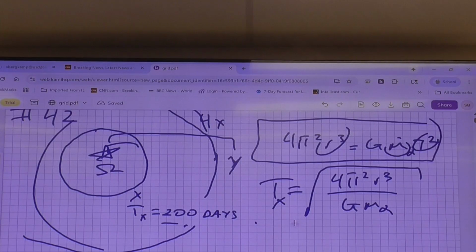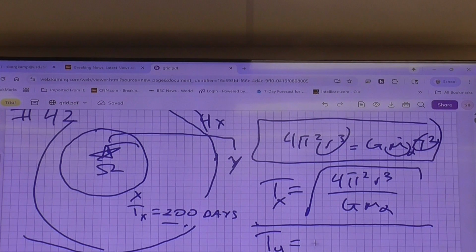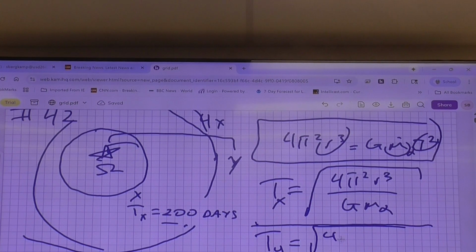Now, we're going to work this as a ratio. So what's the other one? Planet Y. I'm going to work this as a ratio to the period of Y, which would be 4 pi squared, and that's the radius of X. This would be the radius of Y cubed over big G mass of Alpha. All I did was set this up as a ratio.